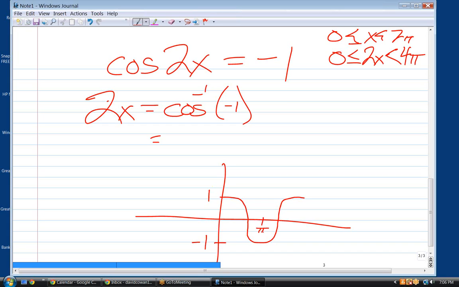Pi. But that's only in from 0 to 2 pi. If I go from 0 to 4 pi, well then it clearly is equal to minus 1 again at 3 pi.